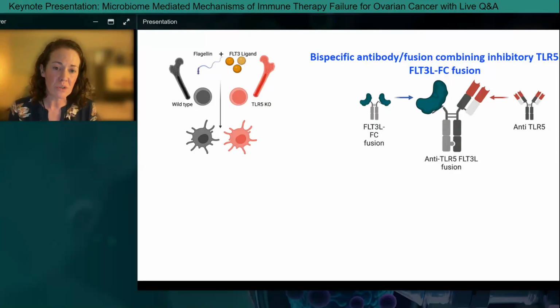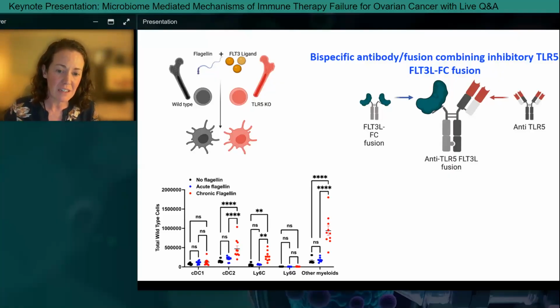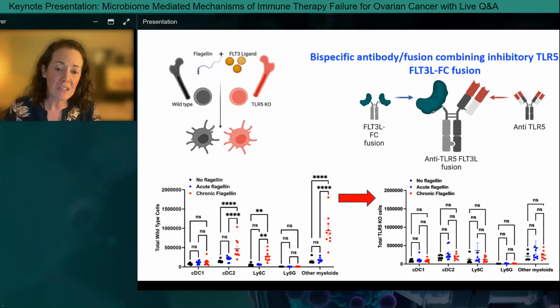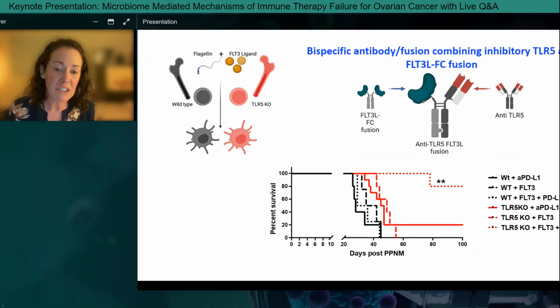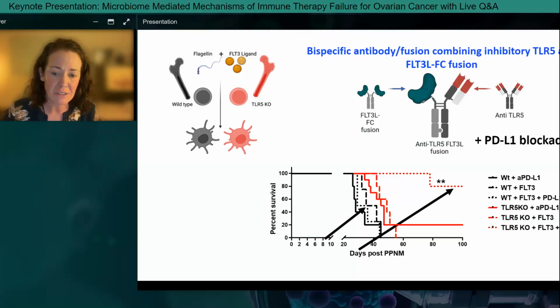And we believe that this will get to the cells that it needs to inhibit TLR5 signaling, preventing the expansion of these red populations, the myeloid cells, really looking more like what we see in our TLR5 deficient animal. And so we're hoping that by doing that we can move the survival curve in combination with immune checkpoint blockade from this dotted black line to the dotted red line for the majority of ovarian cancer patients.